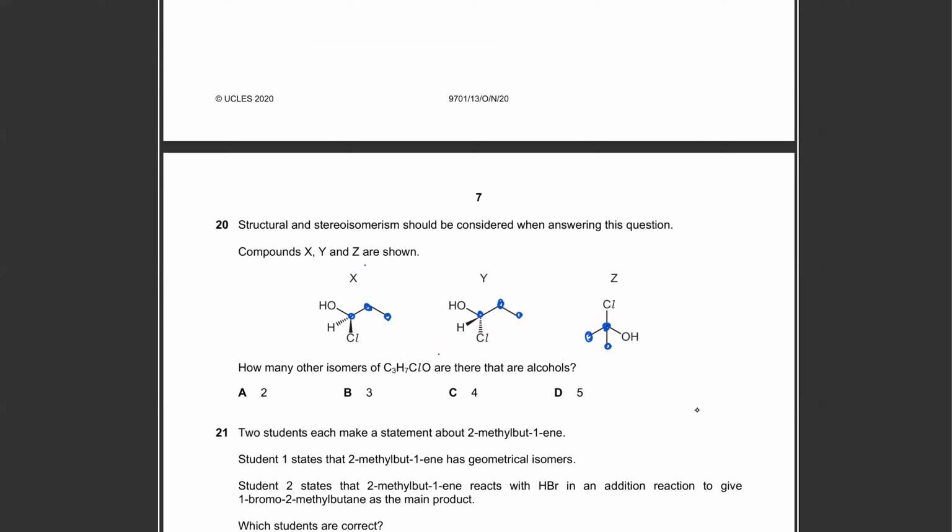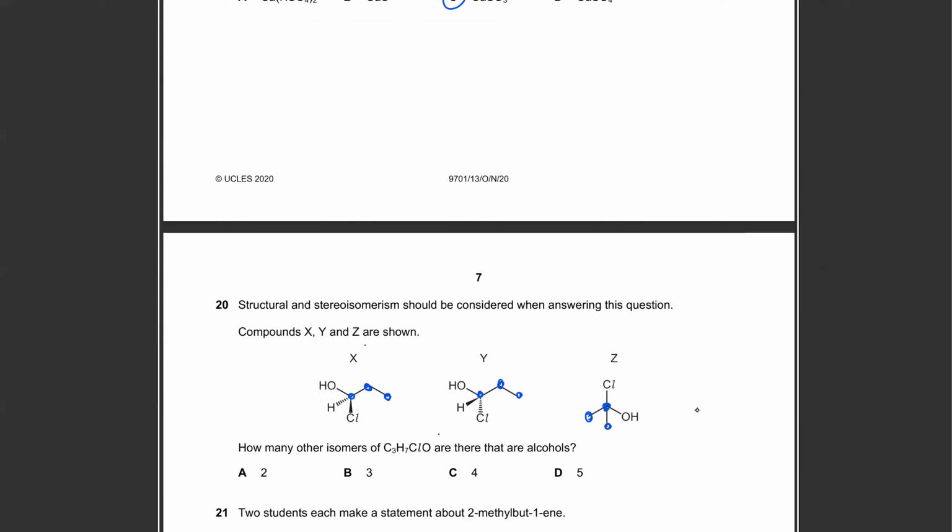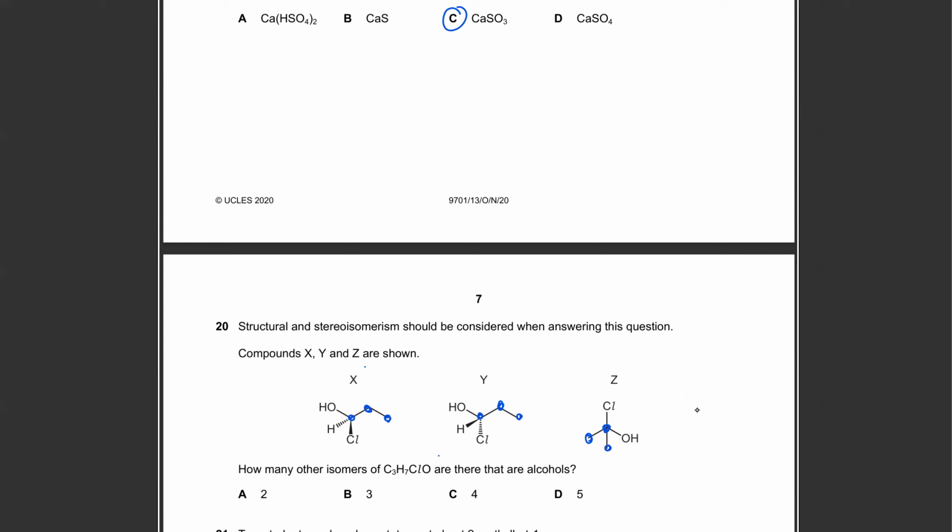You're probably going to get this one wrong because we're going to miss one isomer. Just three carbon atoms, right? So he went with two. He's already drawn two of them.